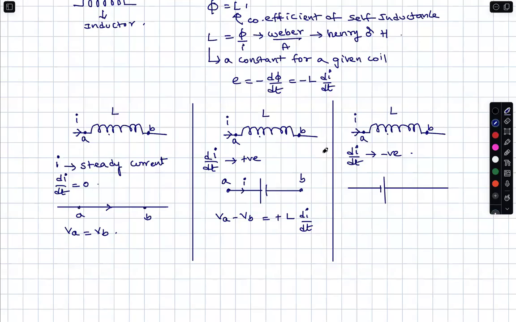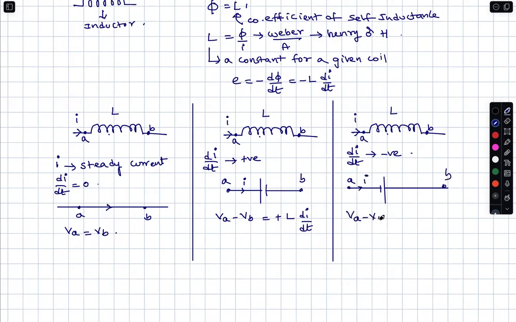Inductance is similar to inertia in mechanics. In mechanics, inertia won't allow the body to go from a state of motion to a state of rest, or from rest to motion, vice versa. It won't allow it.